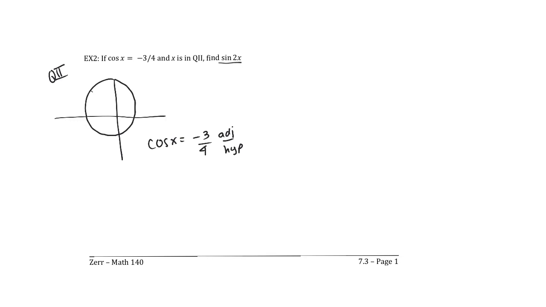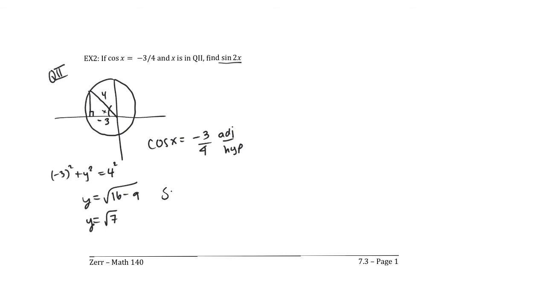And so here's our little angle, there's x, and this is negative 3, the adjacent, and the hypotenuse is 4. And then we use the Pythagorean theorem, and we figure out that y is equal to the square root of 7.